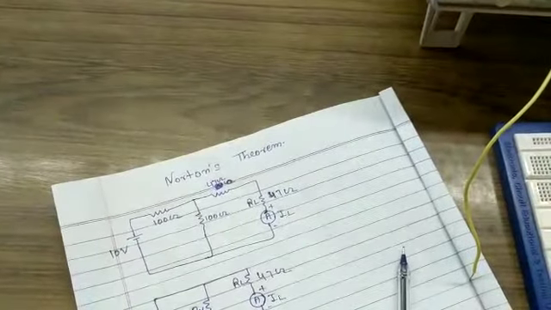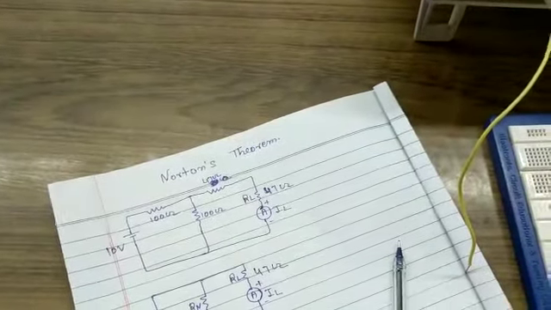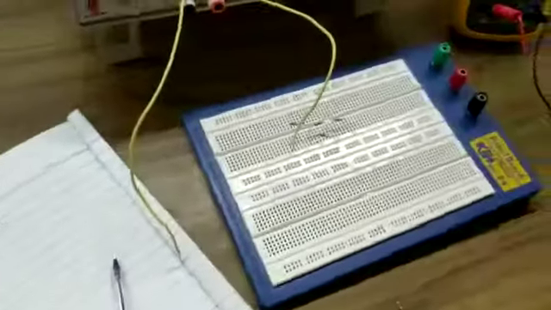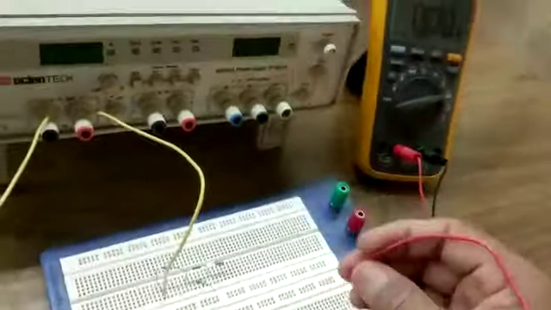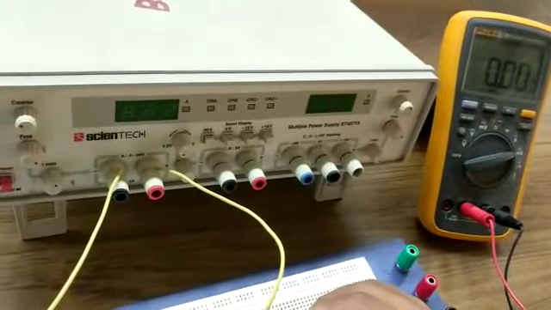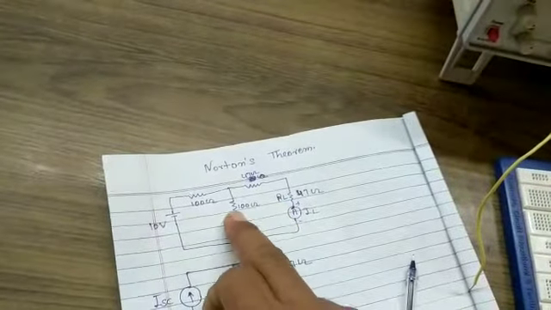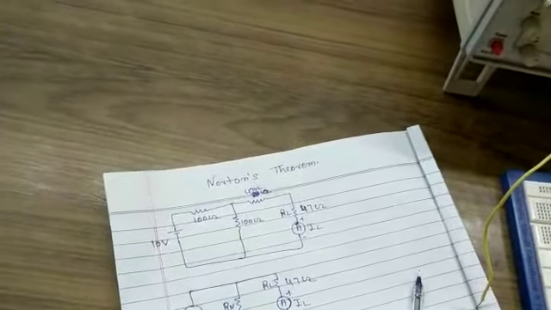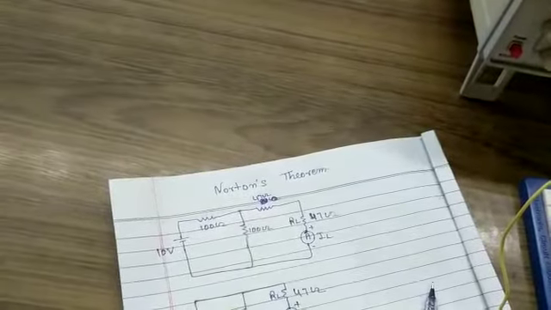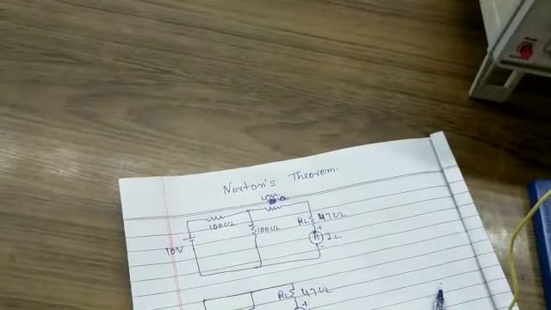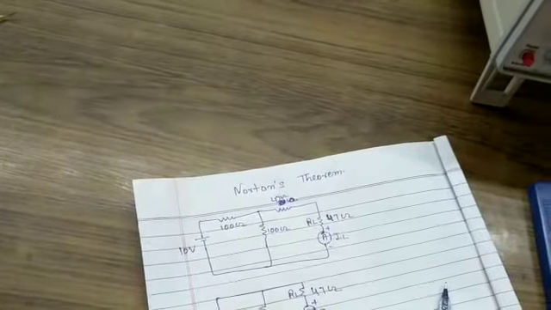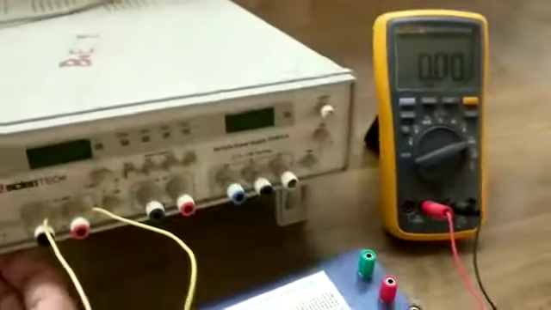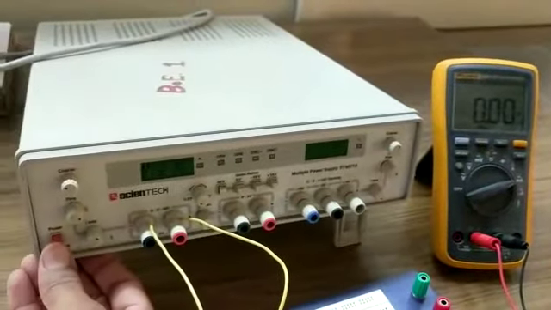Now connect the ammeter in series with the 47 ohm load resistance. And now connect the ammeter negative and the 100 ohm resistance with the battery negative. Now switch on the supply.